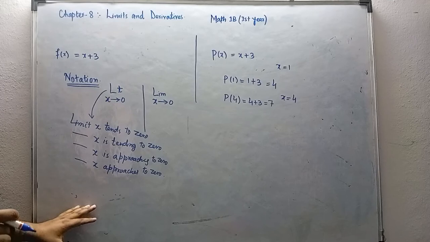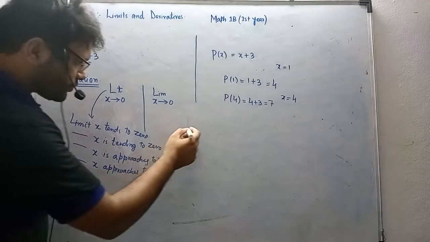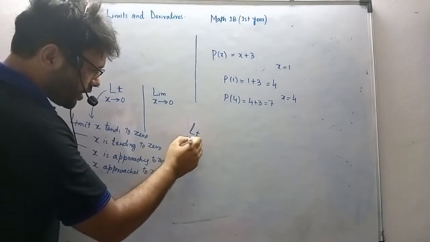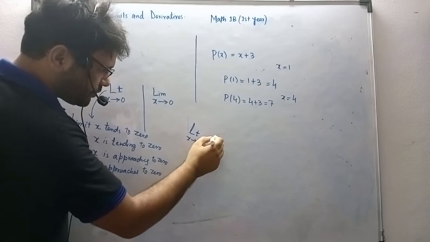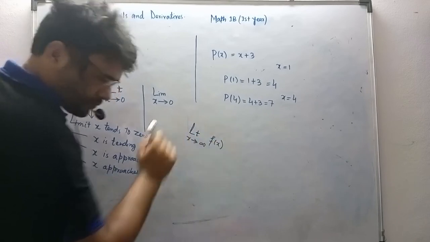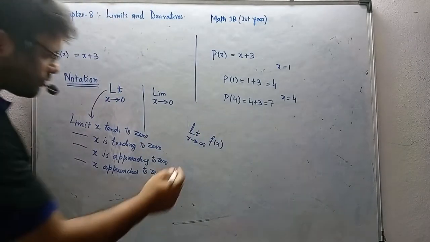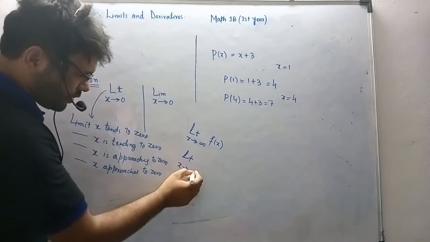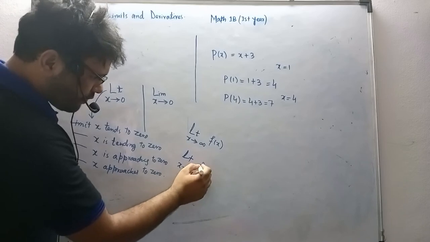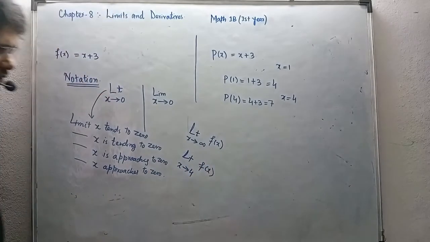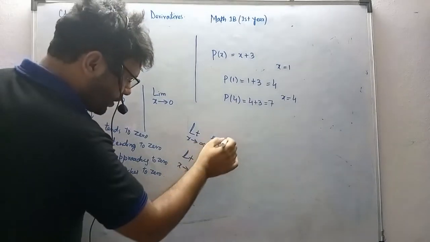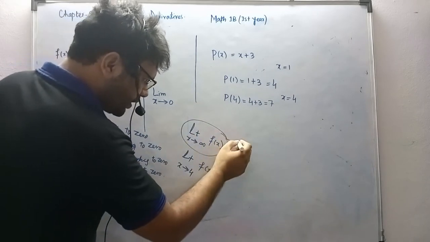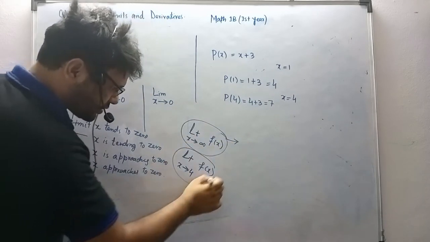These you should understand. Sometimes we have limit x is tending to infinity of f of x. Sometimes we have limit x is tending to any value like 4 of f of x. So what does it mean? We will understand what it reflects.